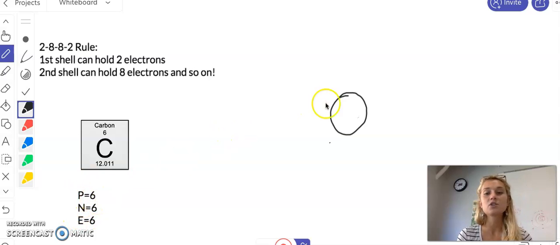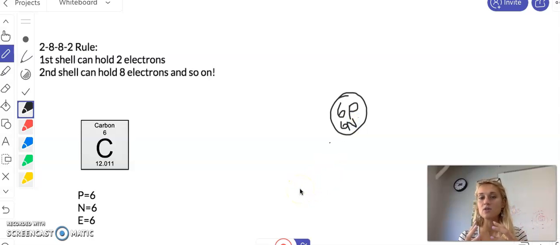So I have 6 of each. All I'm going to do is write, I have 6 protons, and I have 6 neutrons. Now those are in there. That's all that's in my nucleus. That's done. We're good. The nucleus we can leave behind.